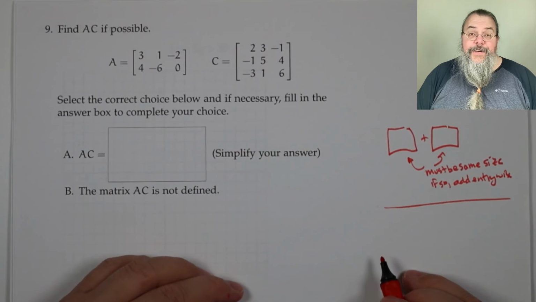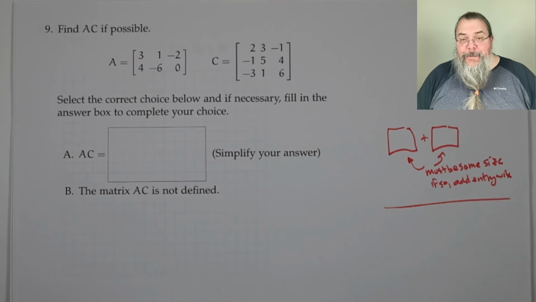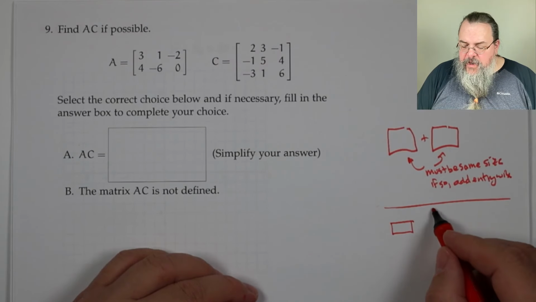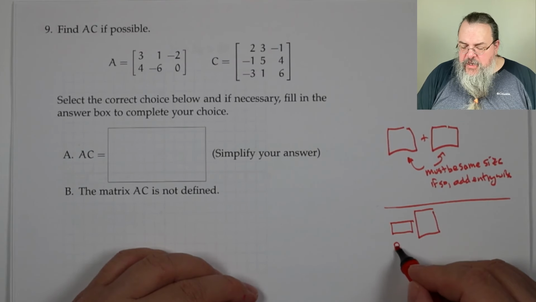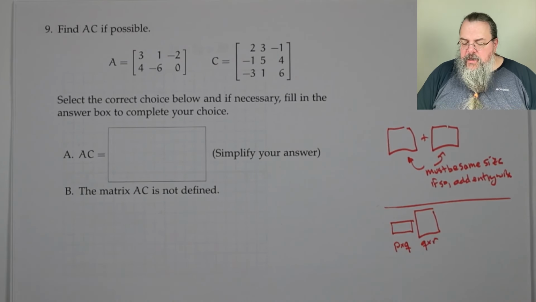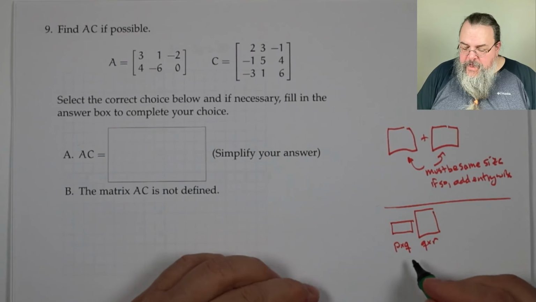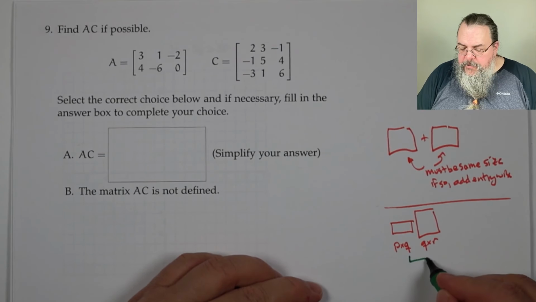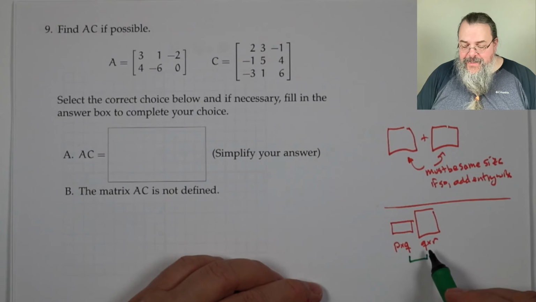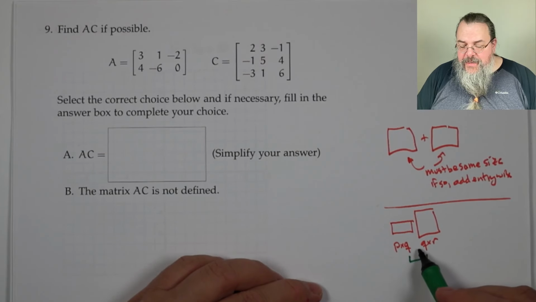Now that's for addition. What happens for multiplication? Well, what happens is the following. If you have a P times Q matrix and a Q times R, I've written this very suggestively, the number of columns in the first has to equal the number of rows in the second. So these must align.